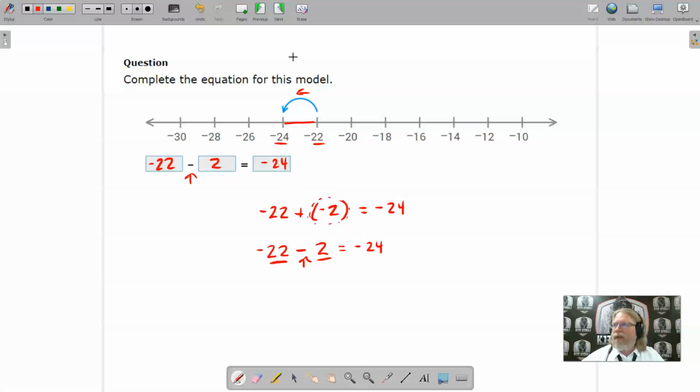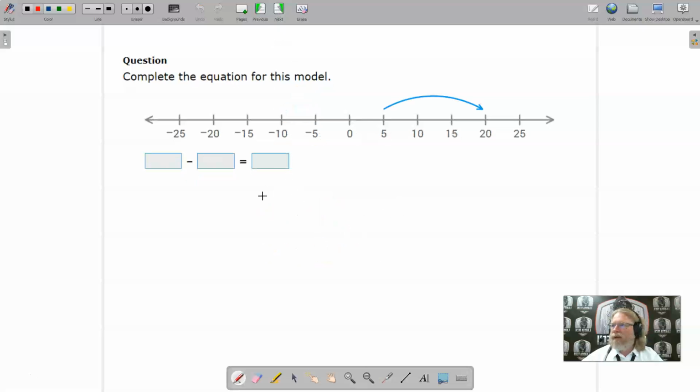All right, I think we have another example here. Let's start at 5. Going to add to that. We're moving to the right, so it is going to be a positive number. It's going to equal where we land, which is 20. And the next question is, how many did we move to the right? Well, it looks like they're counting by fives. So 5, 10, 15. So we moved 15 spaces to the right.